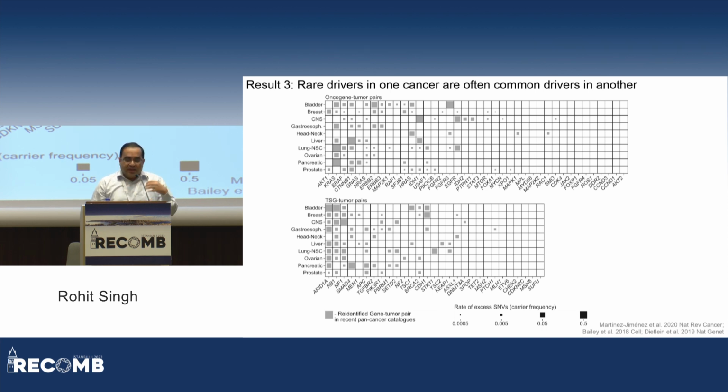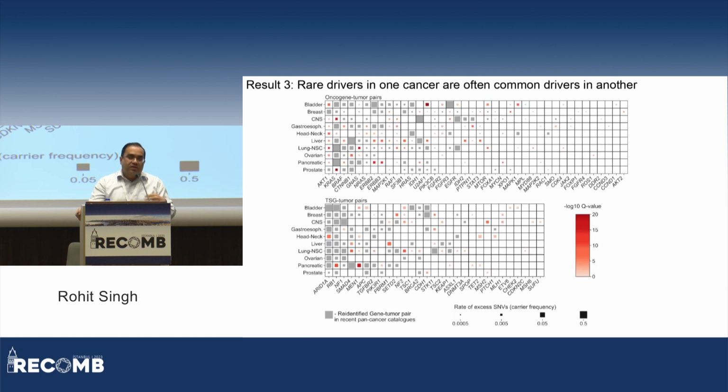And so they did a broad analysis, and essentially what they found was that there are associations for these oncogenes and also tumor-suppressing genes across a variety of cancers. So for example, they were able to associate AKT1 with essentially all the 10 types of cancers here, or ERBB3 with 7 types of cancer.